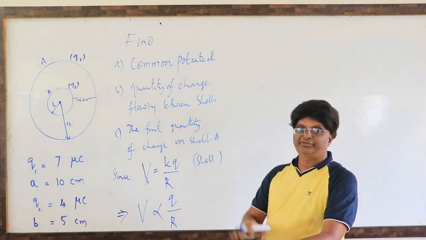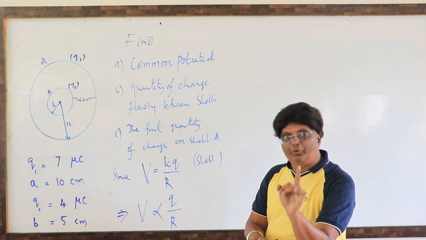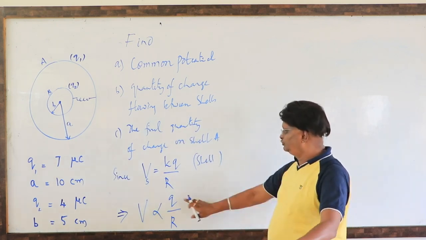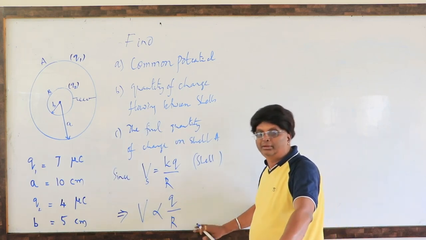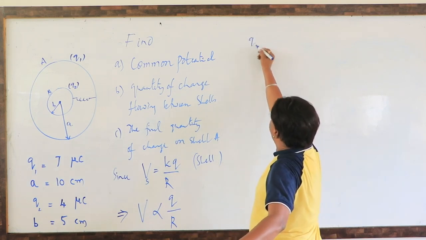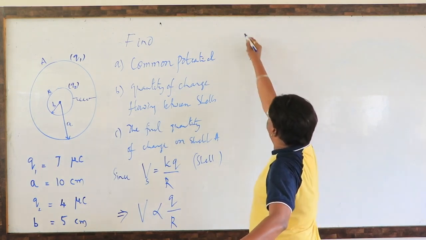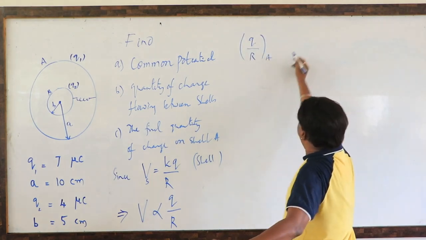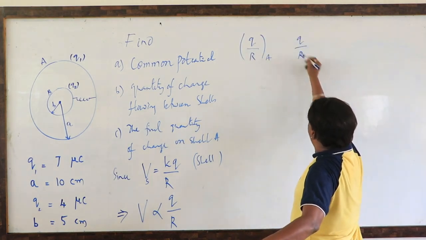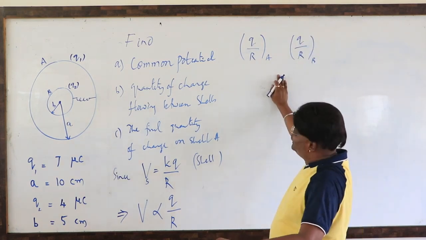So when such examples are given with conducting shells connected by a wire, the first point to be remembered is that you need to look at this Q by R comparison. Take Q by R for A, and Q by R for B. What you will see?